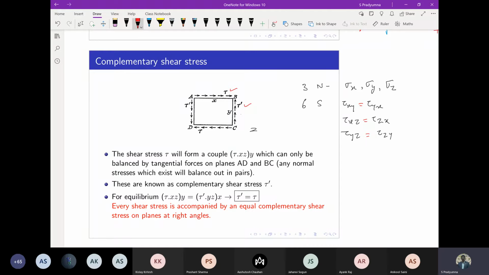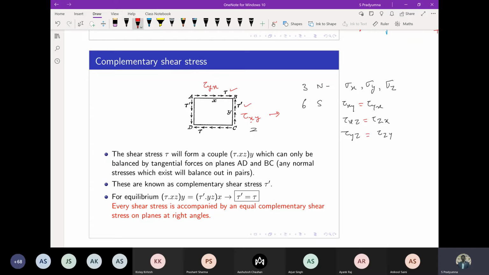Is this tau xy or yx? Tau yx. This is xy, right? Yes, sir. And this is tau yx. Yes, sir. Fine. Because this is the direction of the normal, that is the x direction. So this is tau xy. Fine. So now tau is tau yx and tau dash is tau xy.